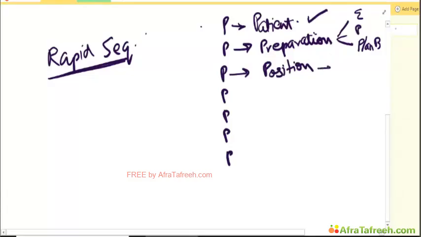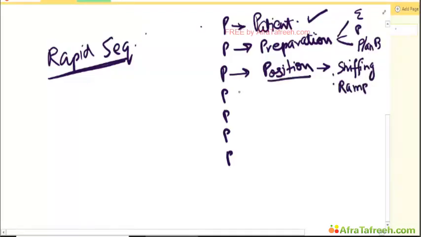Depending on the patient's anatomy, it can be at various positions. Usually the position which is used is called the sniffing position. There can be a ramp position as well if the patient is obese. So you need to position the patient properly. Then you pre-oxygenate.